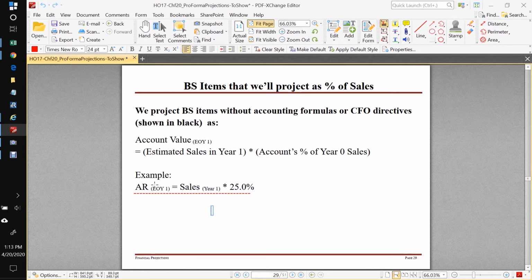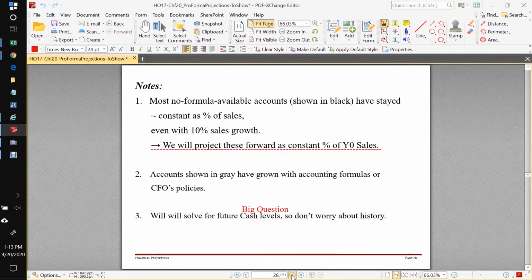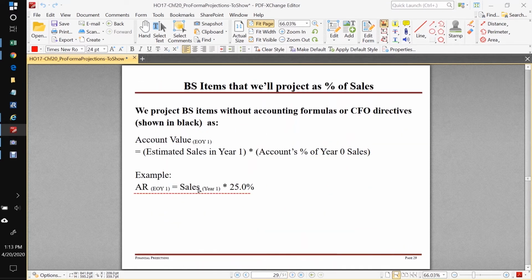Going forward, the accounts receivable at end of year one will be our estimated sales in year one times 25%. And again, where did we get that 25% from? We got it right here. Accounts receivable was 25% of sales in the most recent year, and we're assuming it's going to be 25% of sales in the next year, year one, that we're projecting for.